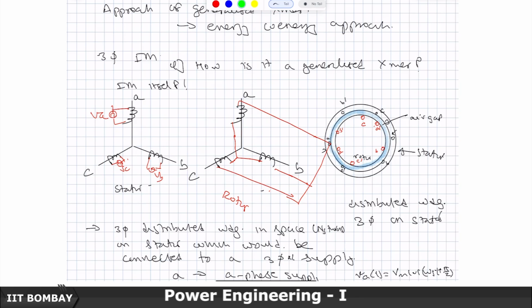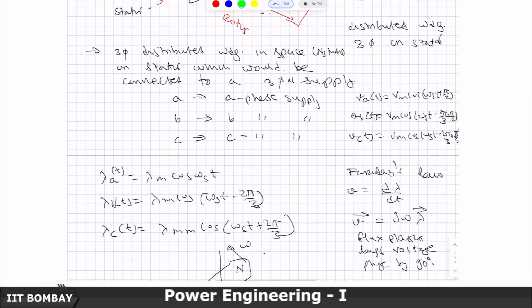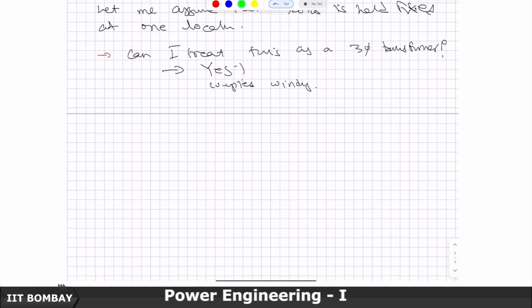So mutual coupling is there, but we usually think of them as three single phase transformers, primary, secondary, and just connecting them in star delta configuration. The two are equivalent, we have seen that earlier. So a similar story applies here.